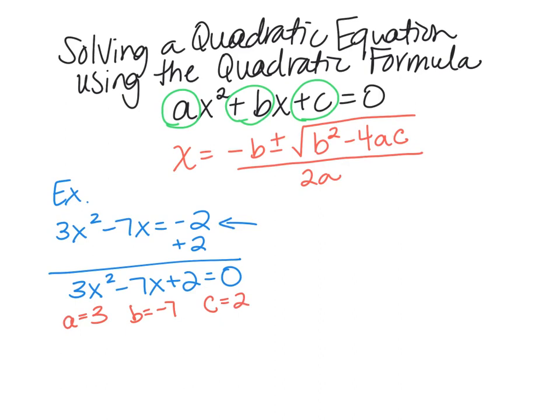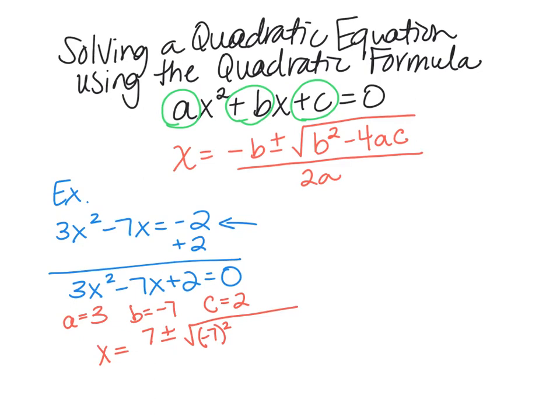Once I have these three things identified, then I'm going to go plug into my formula. So remember, using the formula up there, we have X equals the opposite of B. So I'm going to use positive 7. Plus or minus the square root of B squared, so negative 7 squared. Notice that I put that in parentheses because what I really want to do is I want to square the negative 7.